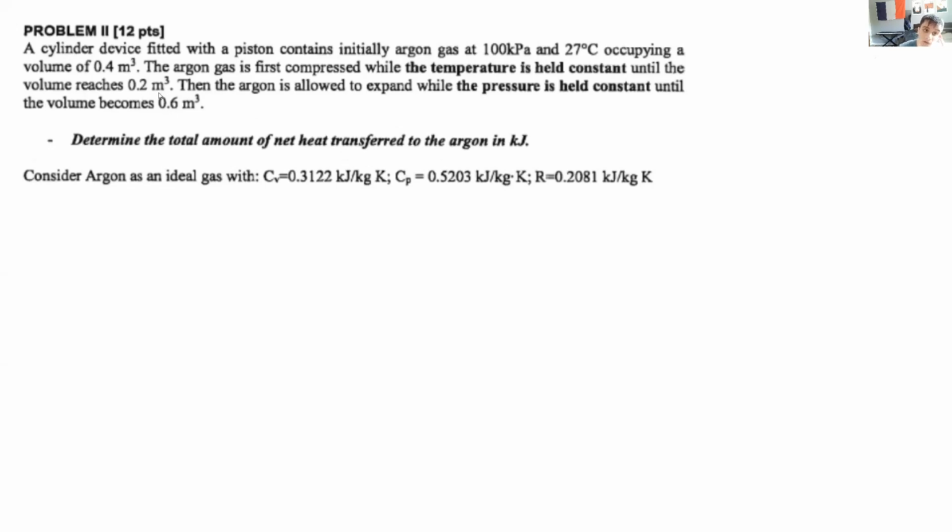This time we're given the initial pressure and the volume that changes, but not the final pressure. Then the argon is allowed to expand while the pressure is held constant, so an isobaric process, and we're given the volume change here. Determine the total amount of net heat transferred in the argon in kilojoule. Just notice here that they're asking for the net heat transfer and not the work.